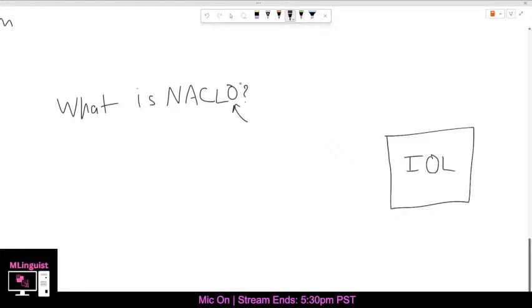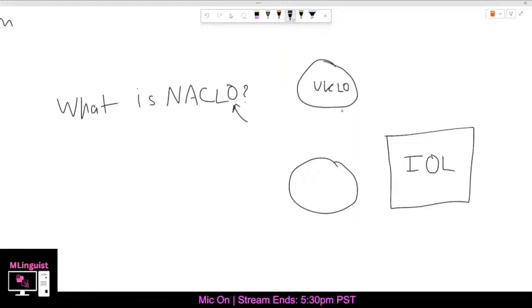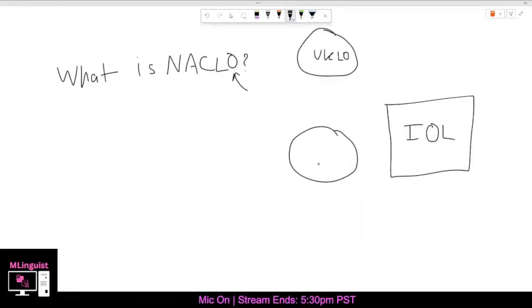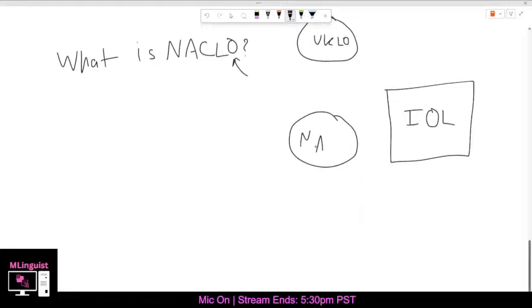Various countries will have their own national linguistics olympiads. One example is UKLO, the United Kingdom's Linguistics Olympiad. Another example is NACLO. NACLO is interesting in that it's the US, Canada, and I believe Mexico. I don't know if Mexico competes, but it's definitely the US and Canada included in NACLO. Basically it's a whole pool of those students, so they just do it together.